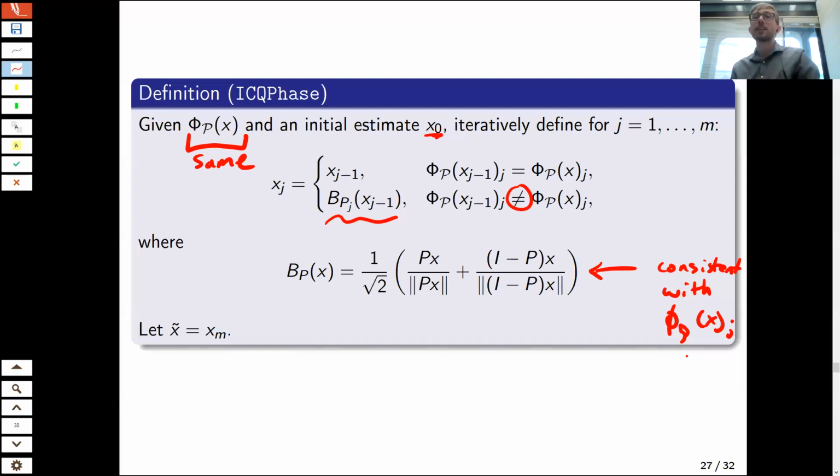And we want to do that in a clever way because, if this is the jth step of an iterative process, we don't want to update and break everything that we've done in the previous steps. So we need to make a smart update that incorporates the new information from the jth measurement. We do that in turn, and let's call x tilde the result of that procedure. The idea is that x tilde should be a good estimate for x.